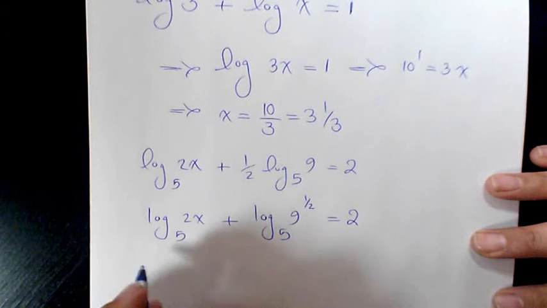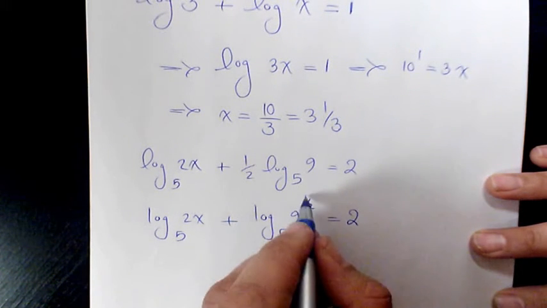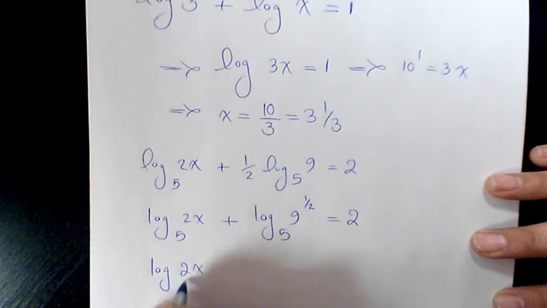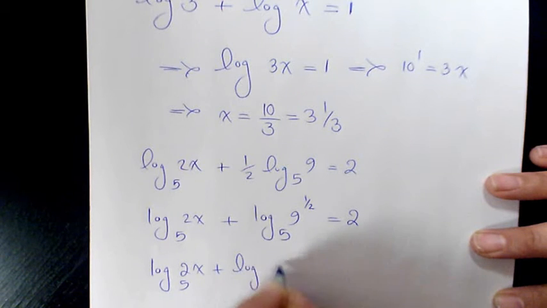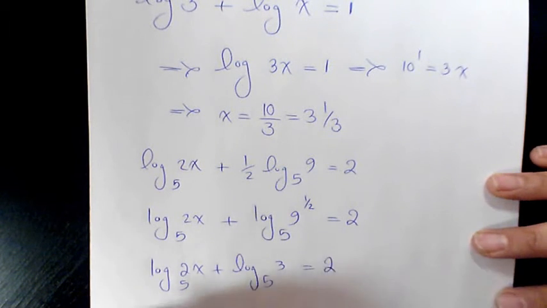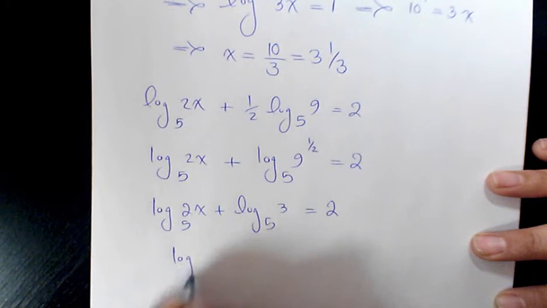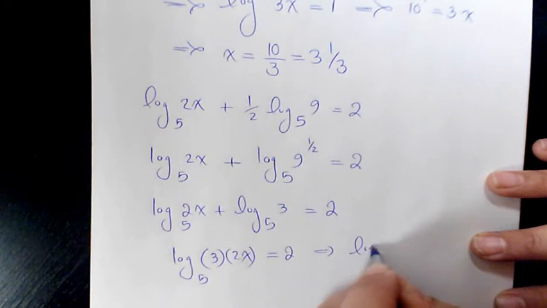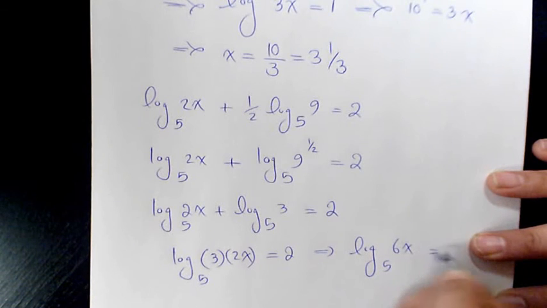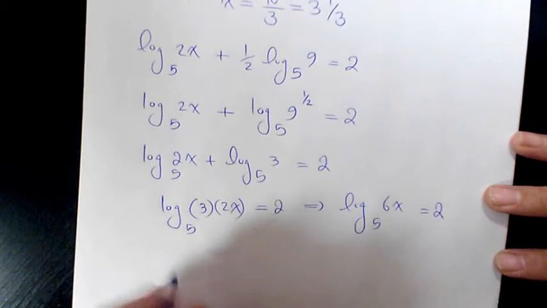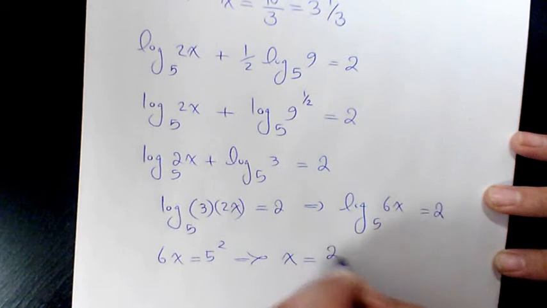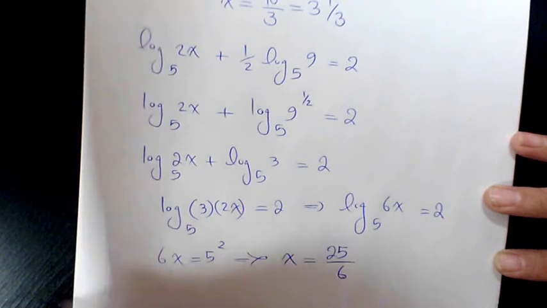Square root of 9 is 3, because 9 to the power of 1/2 is the same as square root of 9. So it's going to be log 2x base 5 plus log 3 equals 2. Then I can use the product law. So 3 times 2x base 5 equals 2, which means that log 6x base 5 equals 2. Therefore, 6x equals 5 squared. Then x is going to be 25 over 6.